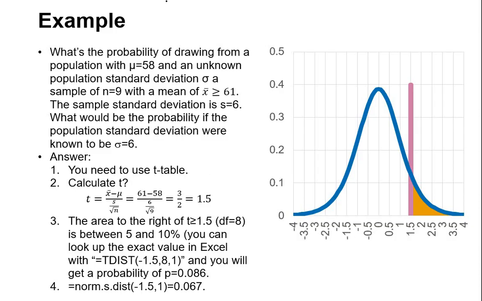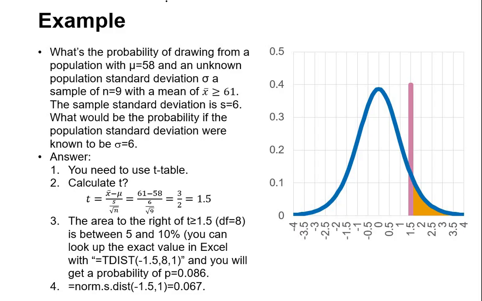Okay, so this is an awkward situation in the sense that we know the population mean, but not the population standard deviation.